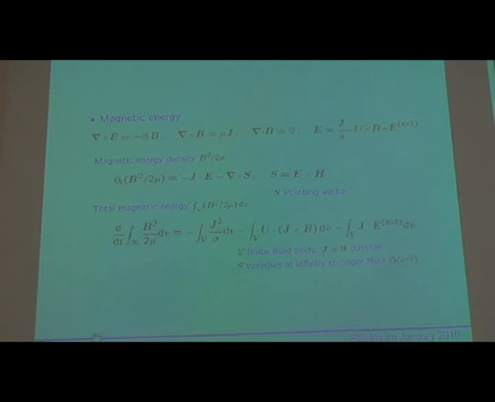You can investigate the total magnetic energy in all space. Assume you have a finite conducting body surrounded by free space, and take the integral of this over the full space. This gives you the left-hand side.